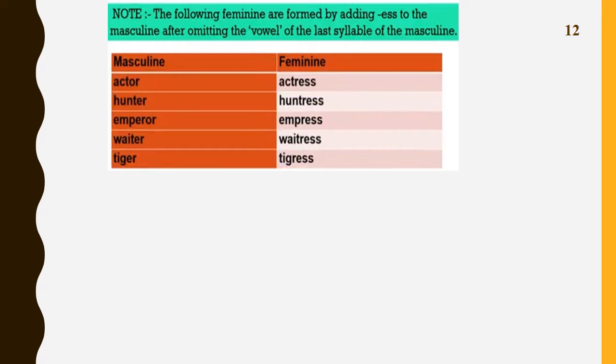The vowel of the last syllable is omitted, and then ess is added to make it feminine. Actor, actress, O is removed. Hunter, huntress, E is removed from hunter. Emperor, empress; waiter, waitress; tiger, tigress. You can see the difference.